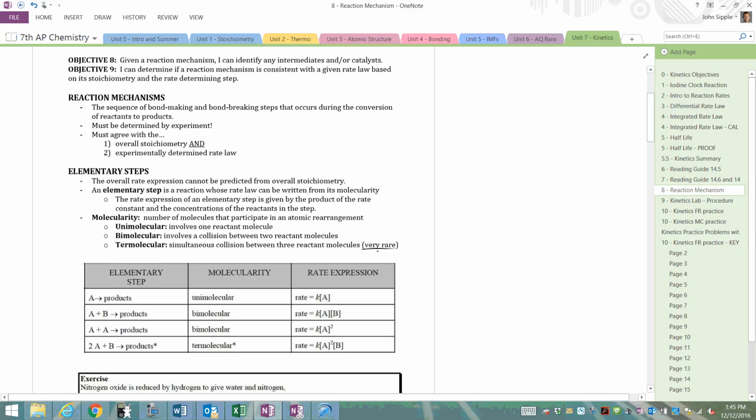So it's very rare because 3 reactants must collide in proper orientation and with enough energy of activation.